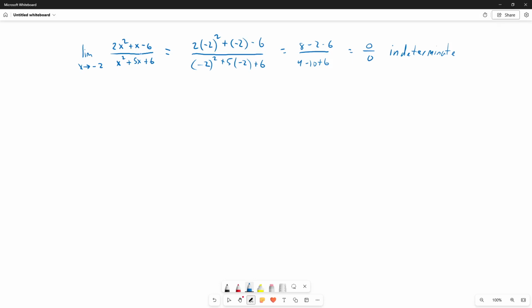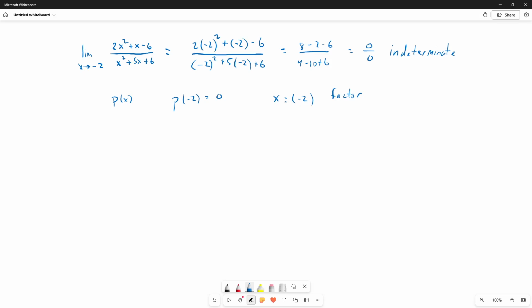What we have to do is factor both of these polynomials and cancel. And there's a rule for a polynomial. If you have a polynomial p of x, and you plug in a number and you get 0, then that means that x minus that number is going to be a factor of the polynomial.